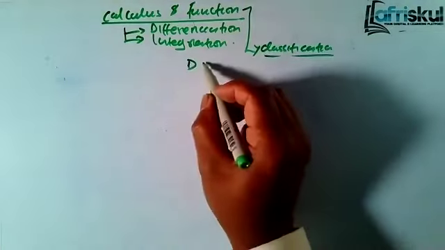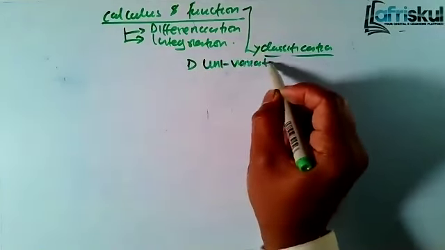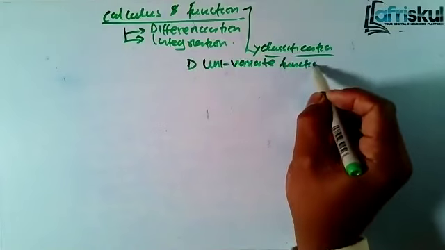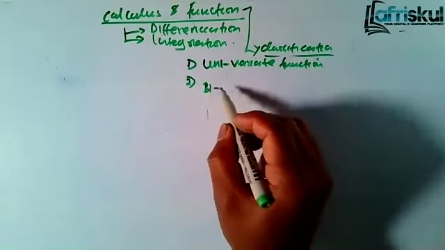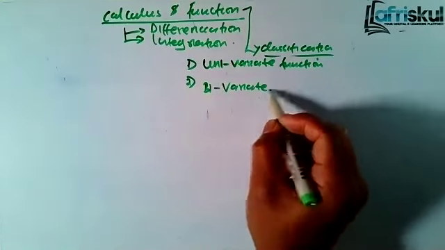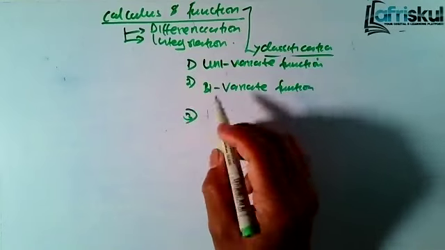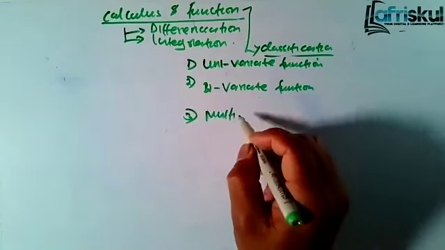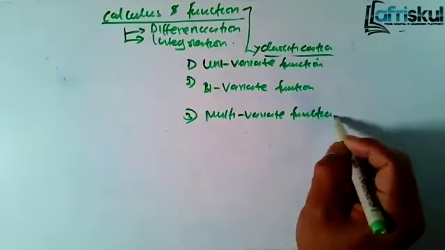One, we have what we call a univariate function. Number two, we have a bivariate function. And number three, we have a multivariate function. What's the difference?